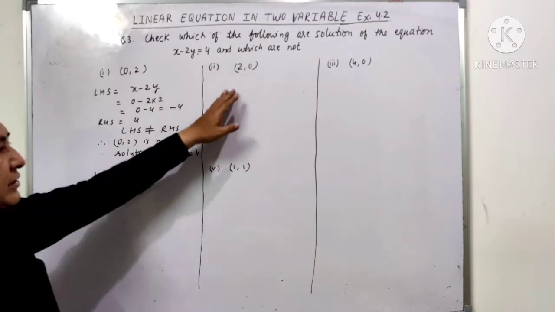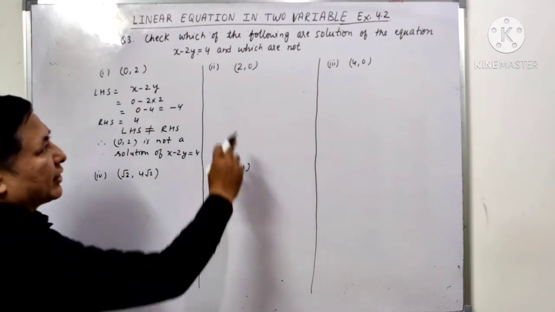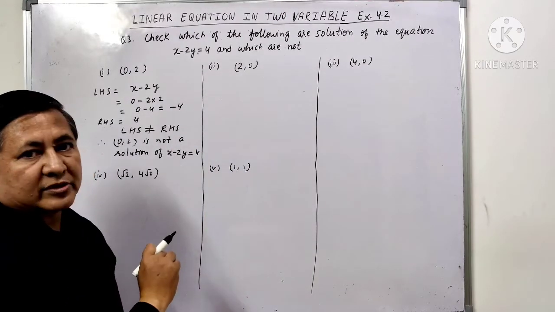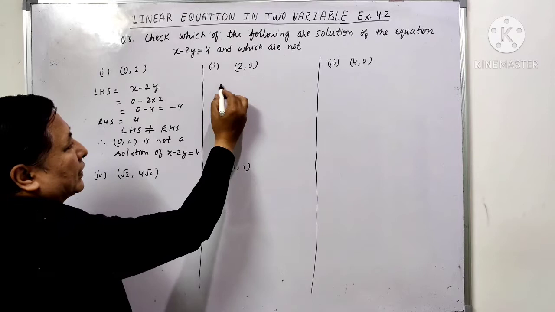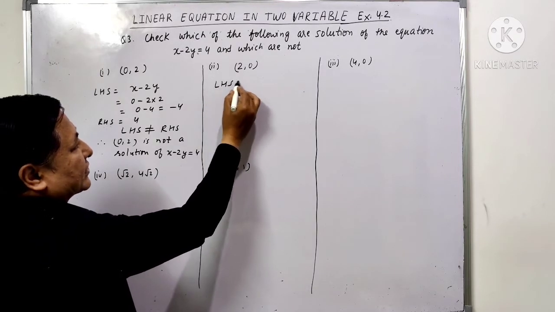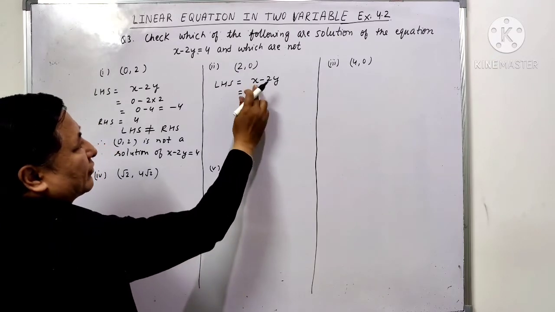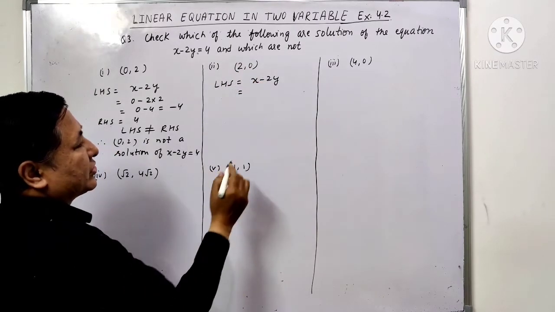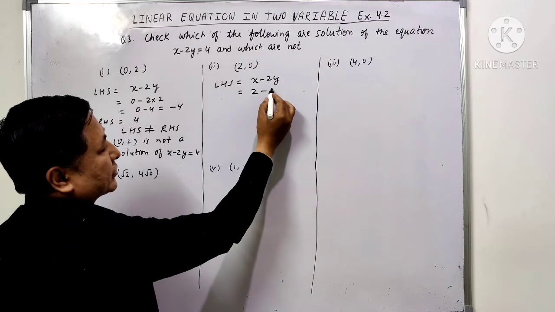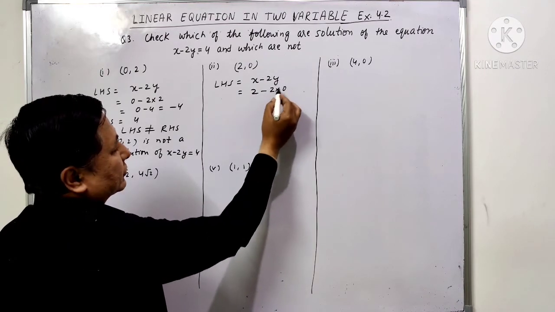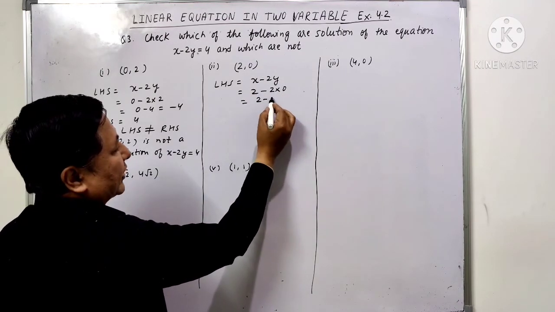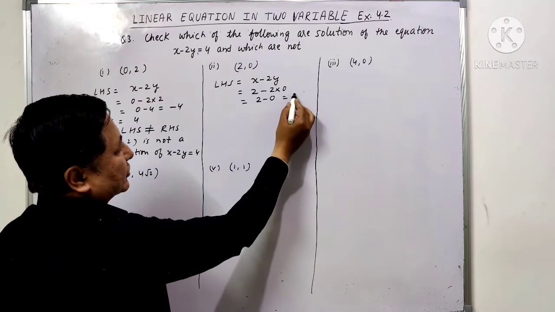Now let us see the second part. In the second part, the solution given is (2, 0), and we have to check. First we will take the left hand side, that is x minus 2y. We put x equals 2 and y equals 0. So 2 minus 2 into 0, that becomes 2 minus 0, which equals 2.